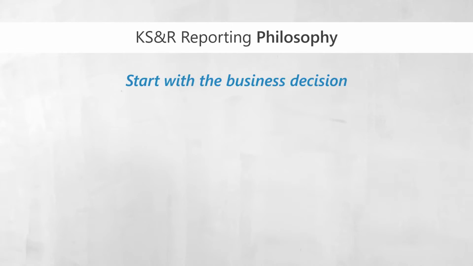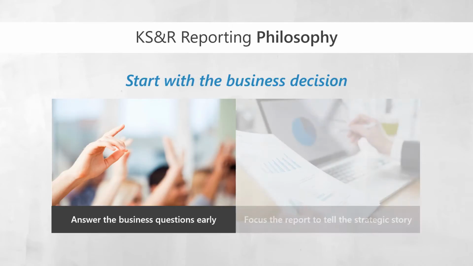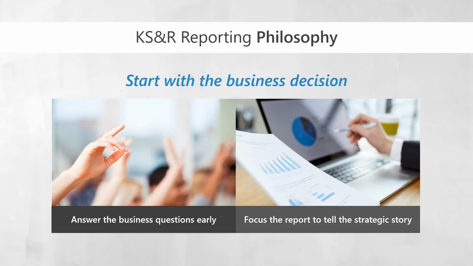At KS&R, our reporting philosophy focuses on supporting the business decision that needs to be made. We strive to answer the business questions early. So first and foremost, what decision should be made and what data from our research supports that decision. From there, we focus the report to tell the strategic story.